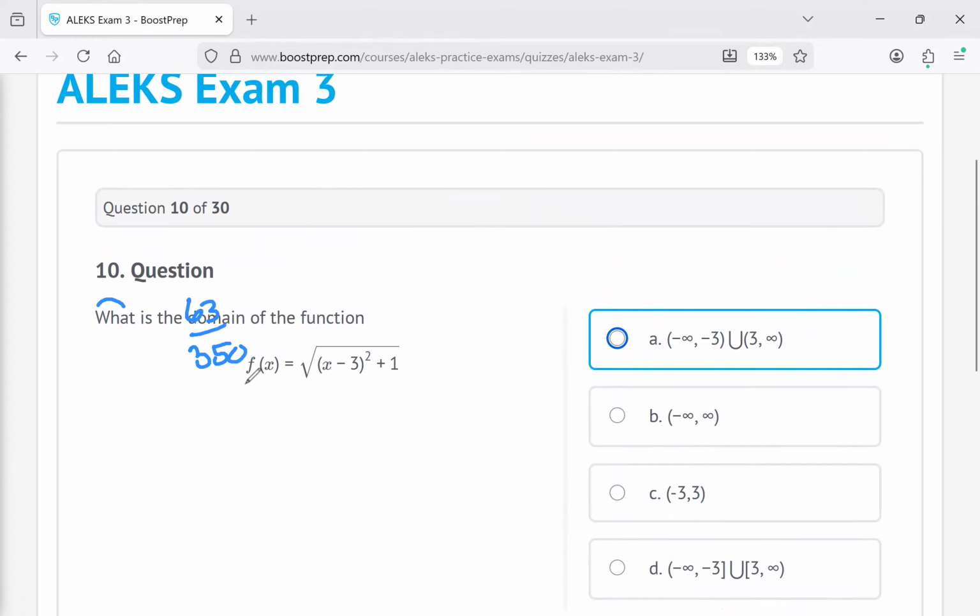Okay, this one, what is the domain of this graph? So we have f of x equals square root of (x minus 3) squared plus 1.